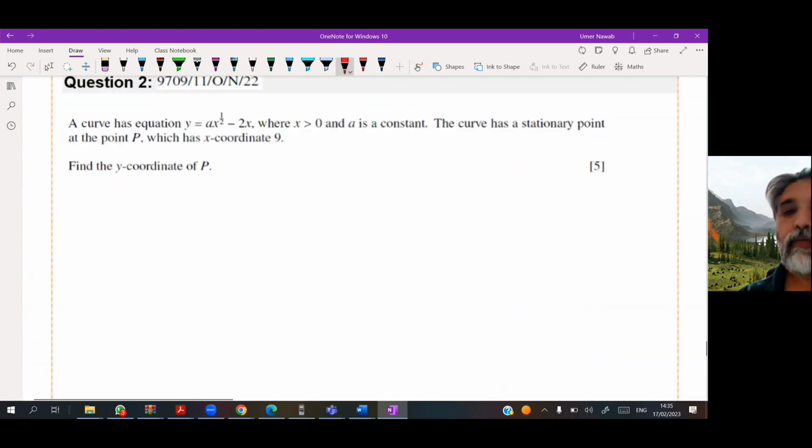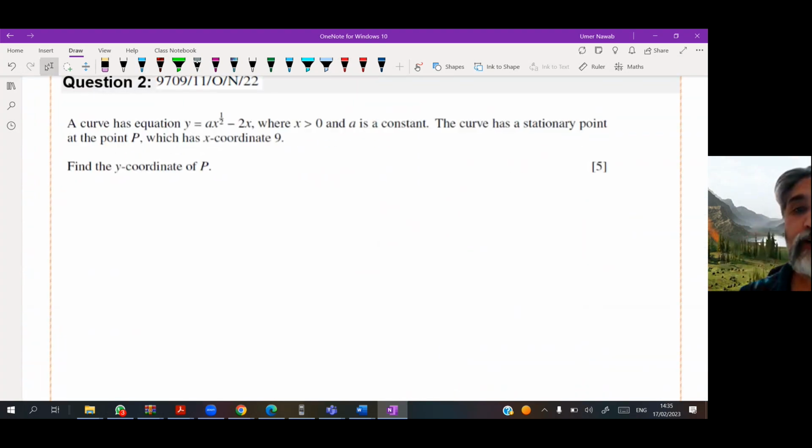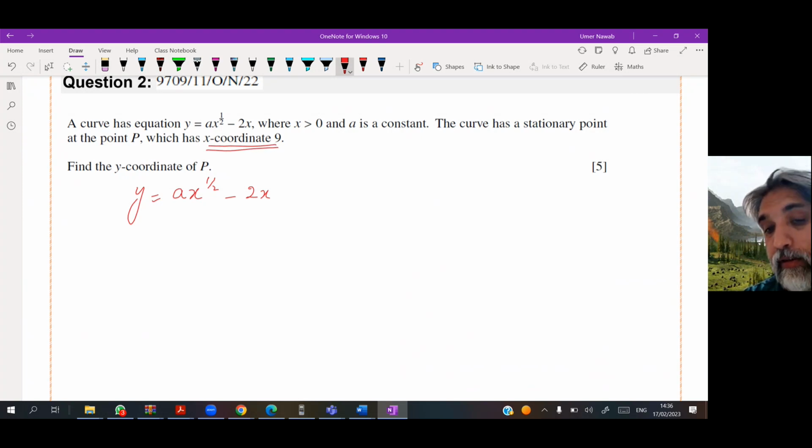Next question, past paper question. He says the equation of a curve is given to you, y equals a x^(1/2) minus 2x. The curve has a stationary value that has x coordinate 9. So the x coordinate is 9 for the stationary point. Let's try to find the first derivative.